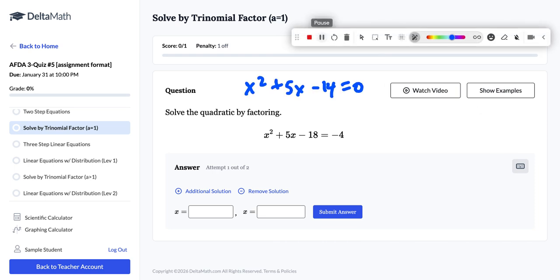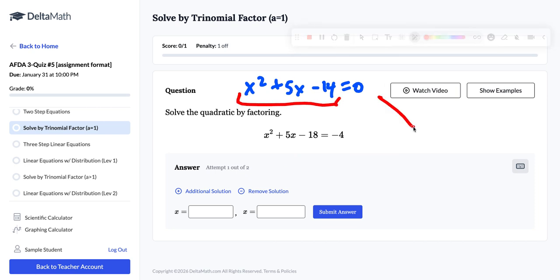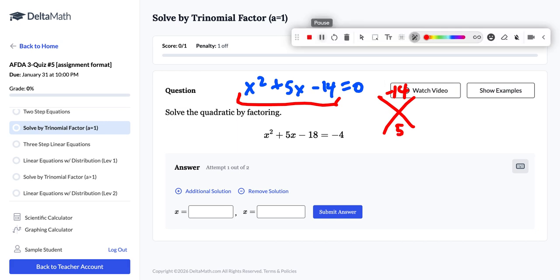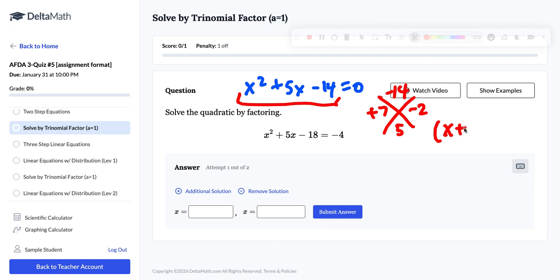Okay? And then you're going to factor this using x method. -14 up here, +5 here. And you're going to solve that. +7, -2.